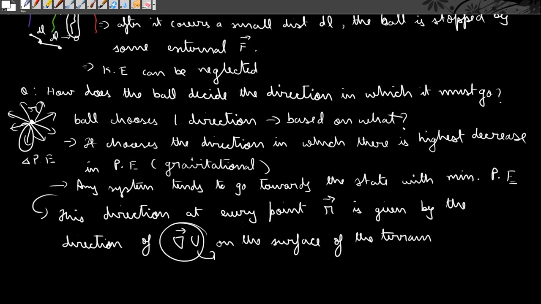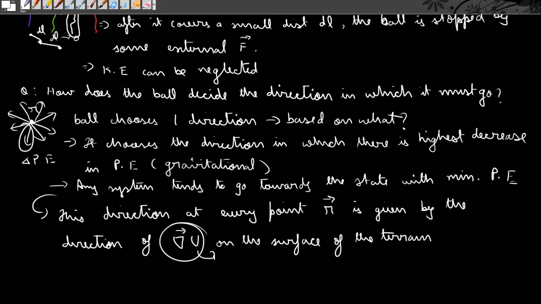So the direction at every point R which the ball is going to choose is given by the direction of the gradient of the potential function. This is a more mathematically precise statement.